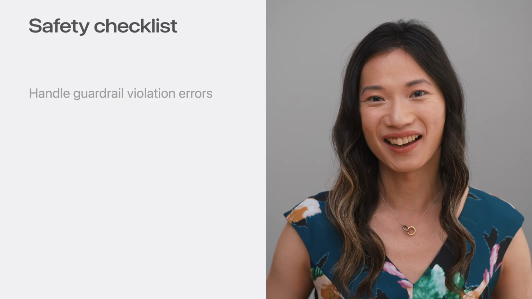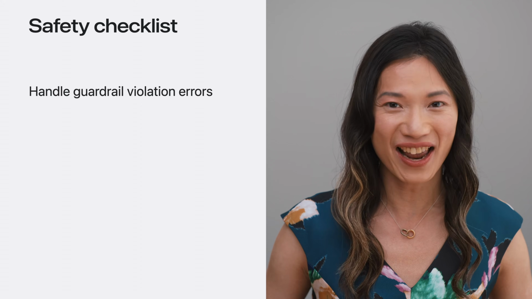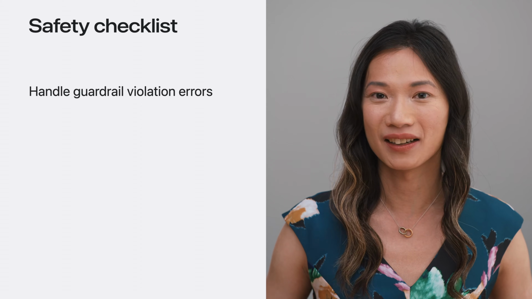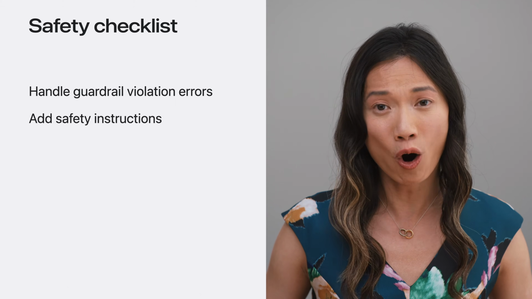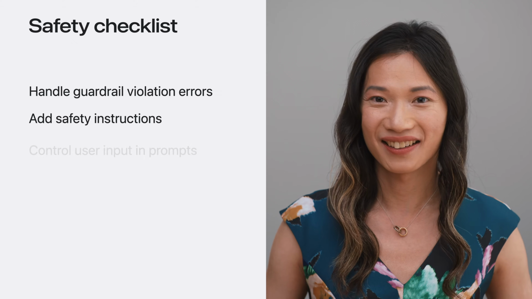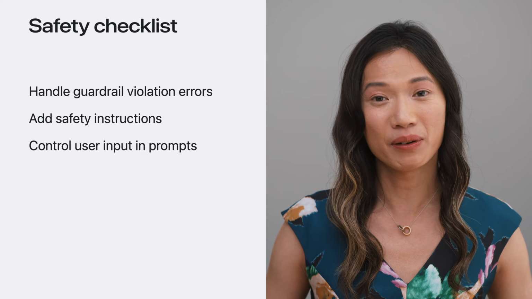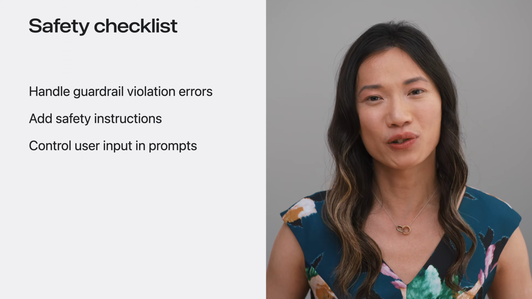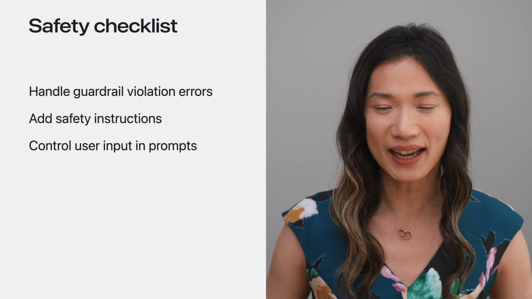We've covered a lot in this video. Let's wrap up the safety topic by giving you a checklist for you to consider. Your app should handle guardrail errors when prompting the model. Safety should be part of your instructions. When including user input in your prompts, think about how you can balance between flexibility and safety.